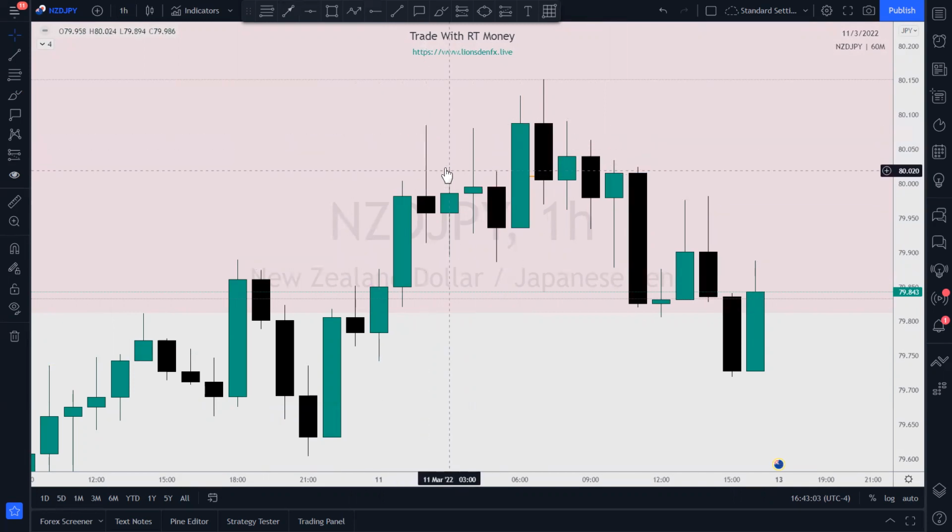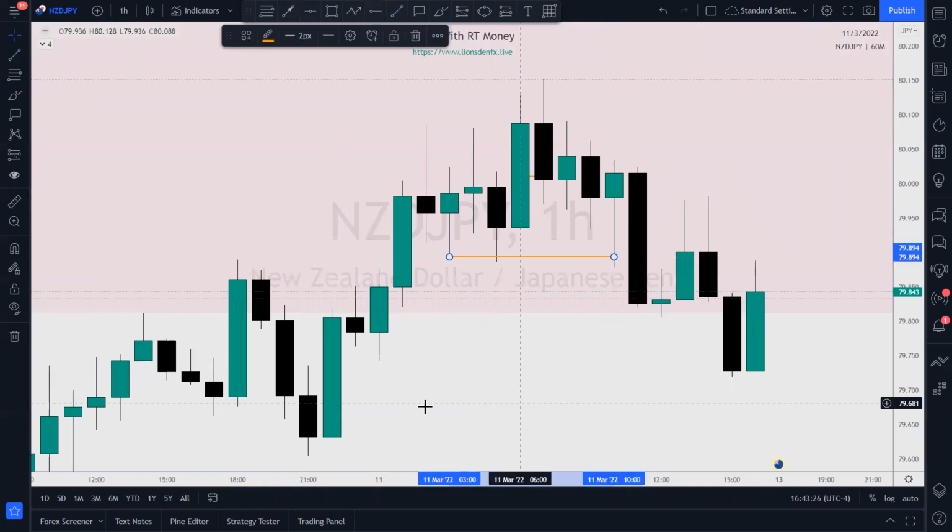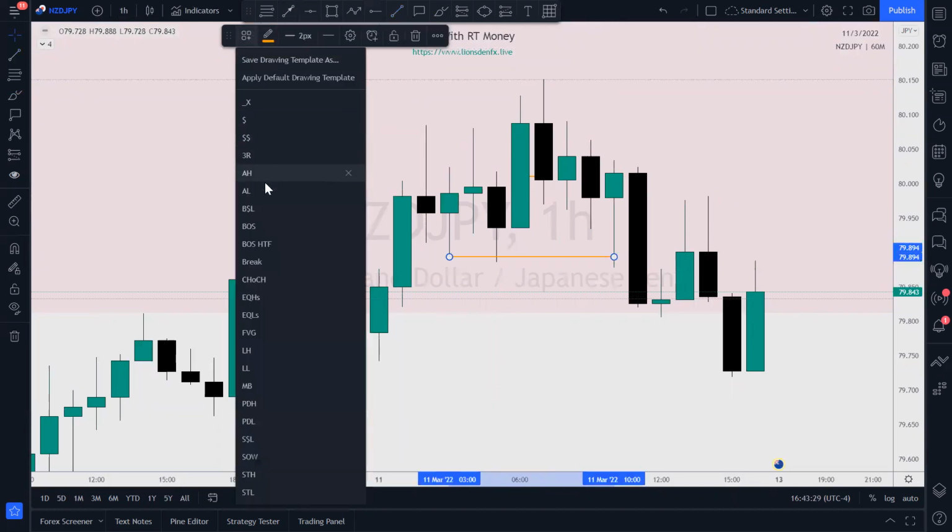This one is the first one that doesn't break the high of the candle prior to it. So I always look to mark out the bottom here, the low of the candle. And that would be my CHoCH line.